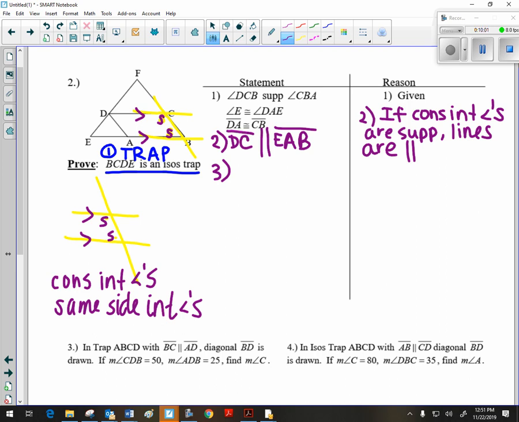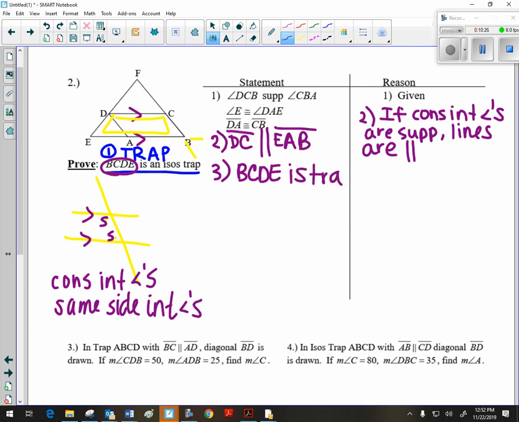Which also means that, if I'm trying to make my shape an isosceles trapezoid, what I have just done is show that these opposite sides are parallel, which means that this shape they're talking about, which lands in here, has one pair of opposite sides parallel. As soon as I get that one pair of opposite sides parallel, I can say that BCDE is a trapezoid.